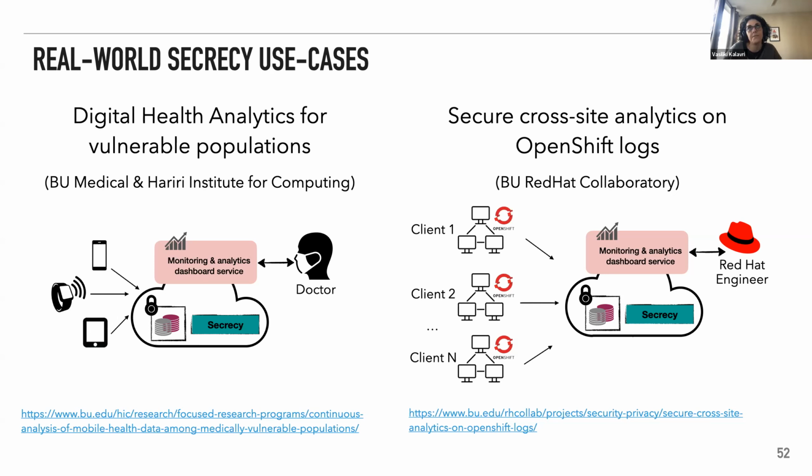They want to have an easy way of identifying incidents, for example, bugs that show up with a particular version of Docker or some failure scenarios. And they want to do cross-site analytics on multiple clients. The clients, of course, don't want to share their logs because they're sensitive, but Red Hat wants to figure out as soon as possible how frequent these incidents are so they can push bug fixes.